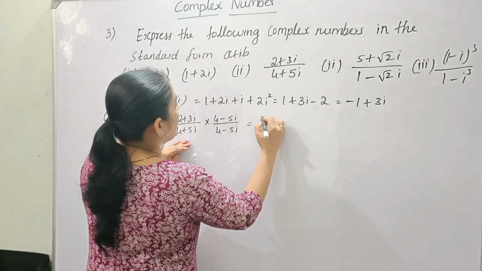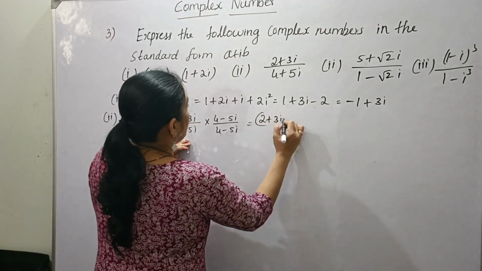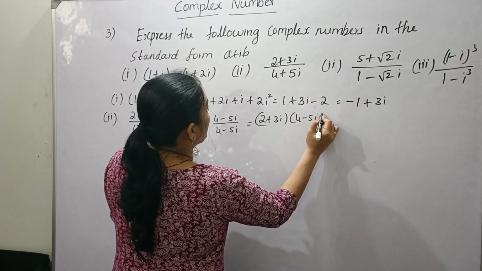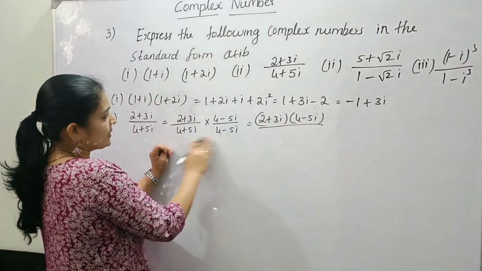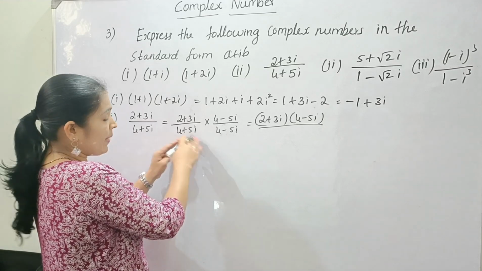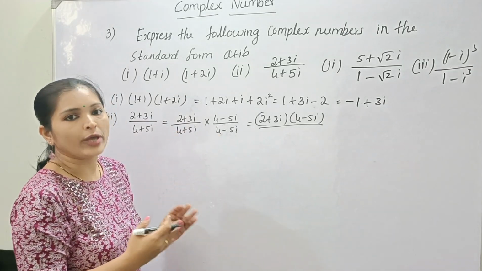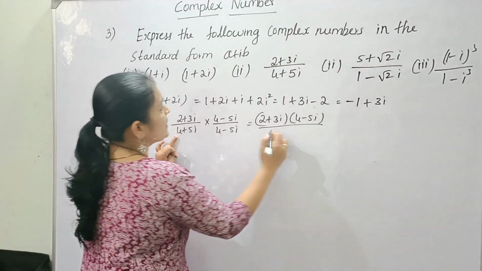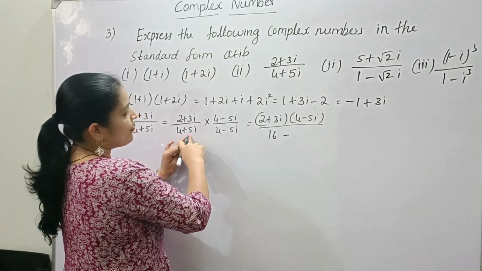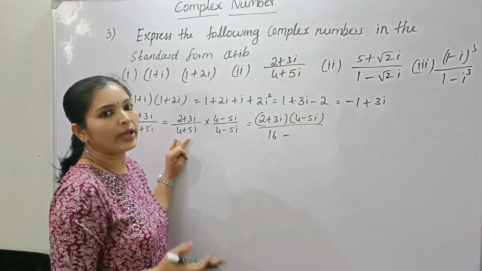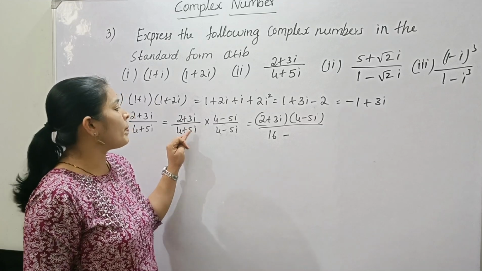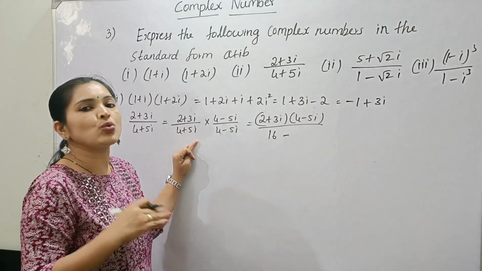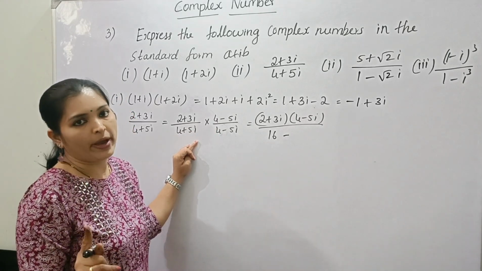So 2 plus 3i into 4 minus 5i divided by, see, now it is in the form of a plus b into a minus b, that is a square minus b square, that is 16 minus 5 square i square, 25 i square. So minus 25 into i square value is minus 1.